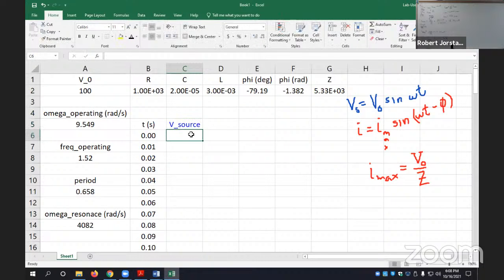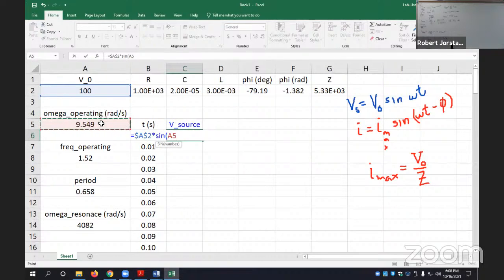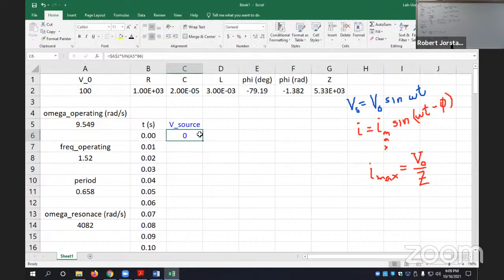That's equal to this voltage with the dollar signs times sine of omega. What was omega? It's right here, the operating frequency, not the resonance. I do not want resonance. I want the operating frequency times the time, which is cell B6. And that's it. Obviously, the source is going to start at 0.